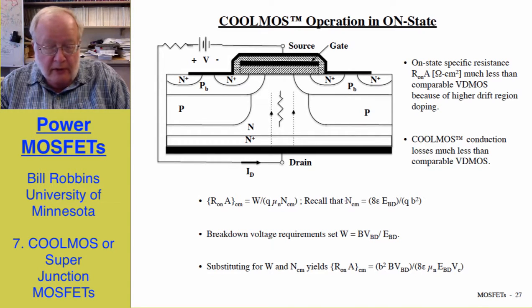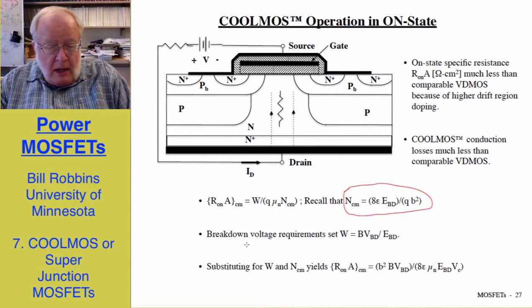Now recall that we've already shown that the doping density is given by this equation, which involves the parameter B. Similarly, breakdown requirements require that the drift region length W be equal to the breakdown voltage divided by the field strength. So if we make those substitutions into the equation for the on-state resistance times its cross-sectional area, we get the following result.